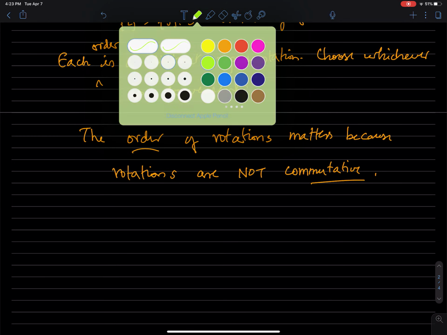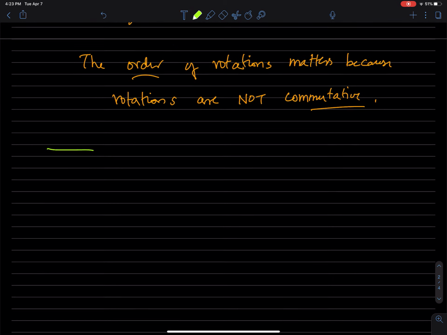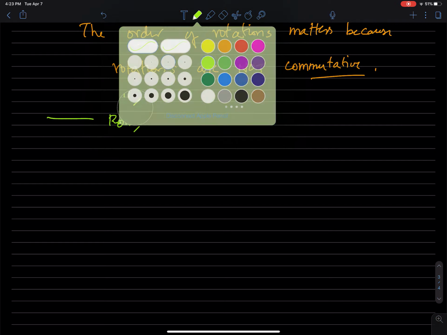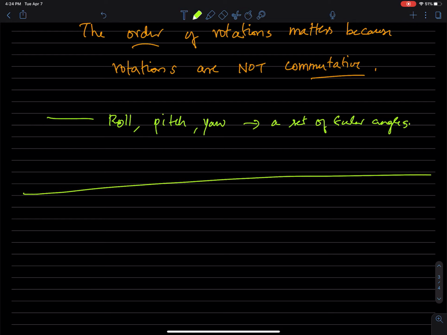And as an aside, these kinds of XYZ Euler angles might be referred to in sort of popular scientific literature as roll, pitch, yaw, could be a set of Euler angles depending on the sequence of rotations that you pick.